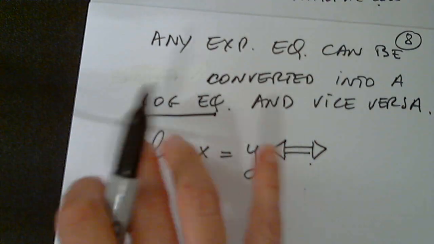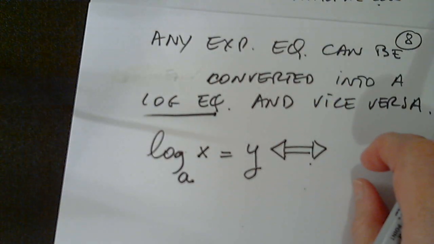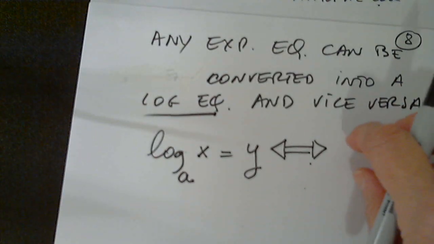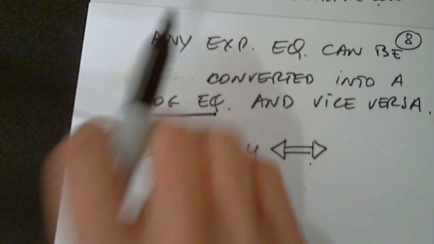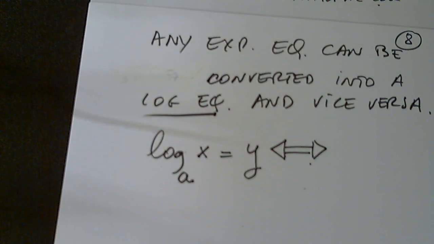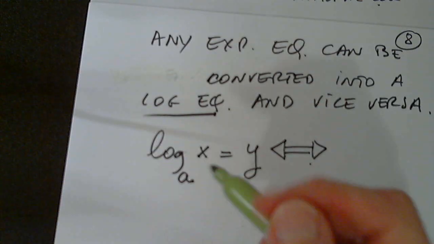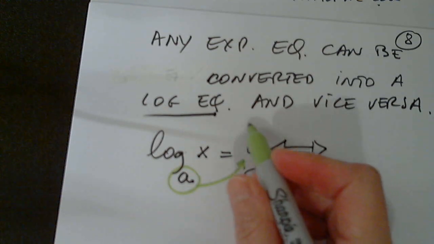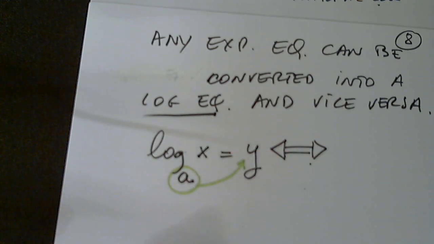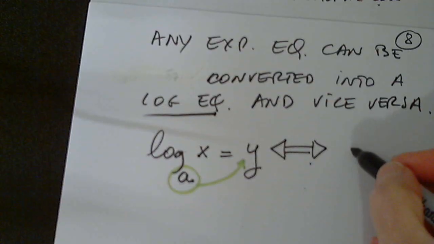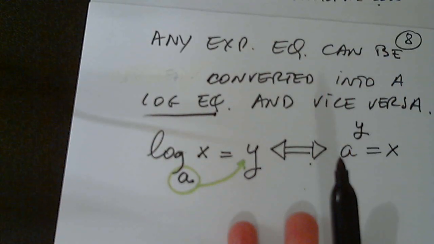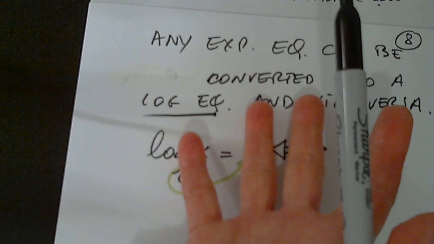A log equation can be converted into an exponential equation, and the exponential equation can be converted back into a log equation. But here's the trick, so please pay attention. This number raised to y equals x. So a raised to y equals x. This is in mathematical terms what we just wrote up here.